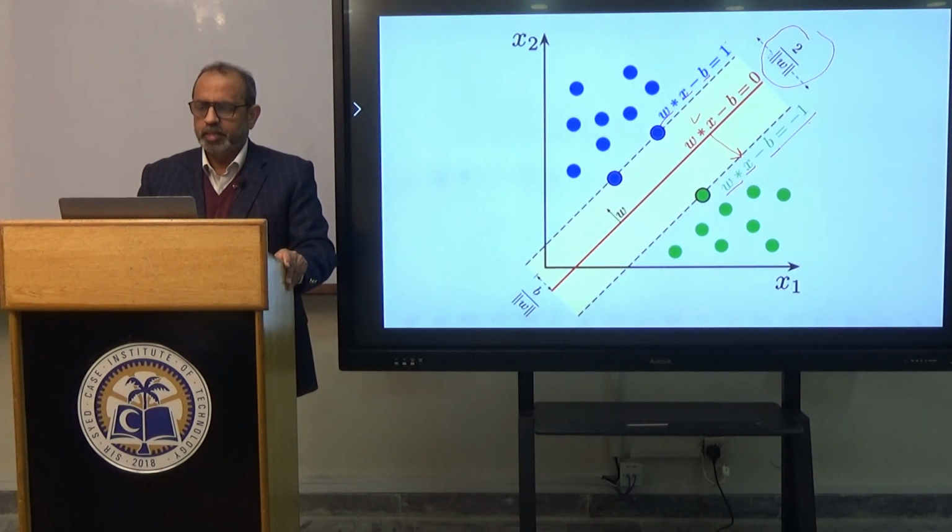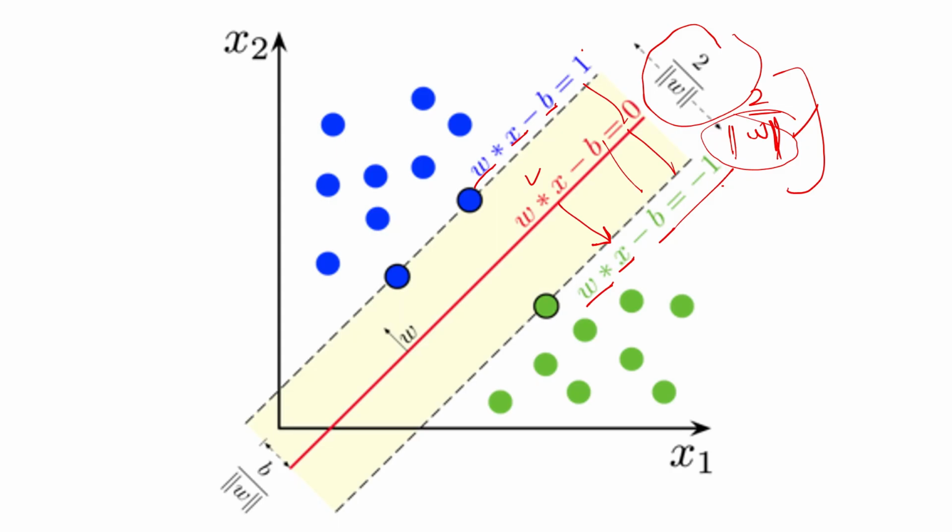And the 0, and this would make this distance equal to 2 over the norm of the weights. And now if you want to maximize this, you have to minimize the weights. Okay, if the denominator is smaller, this whole thing will be bigger.